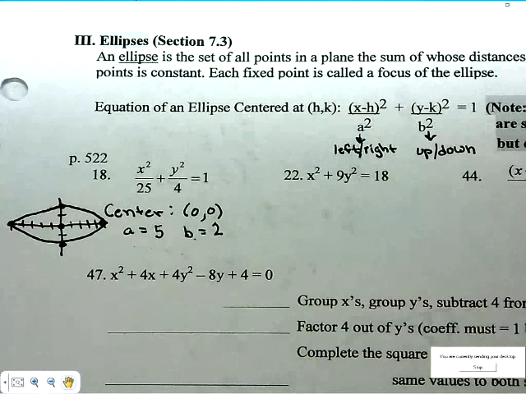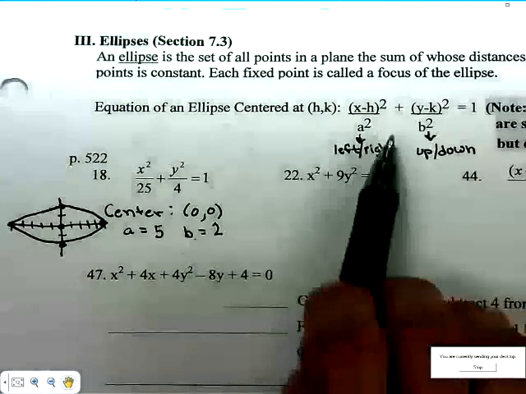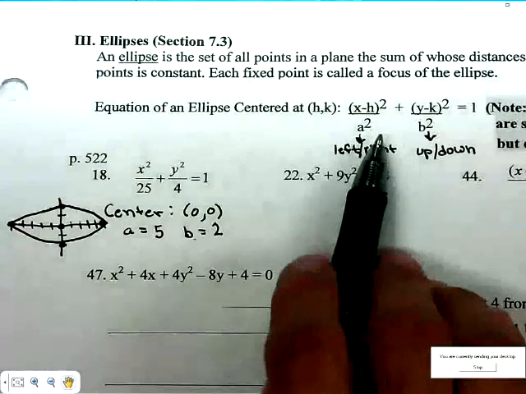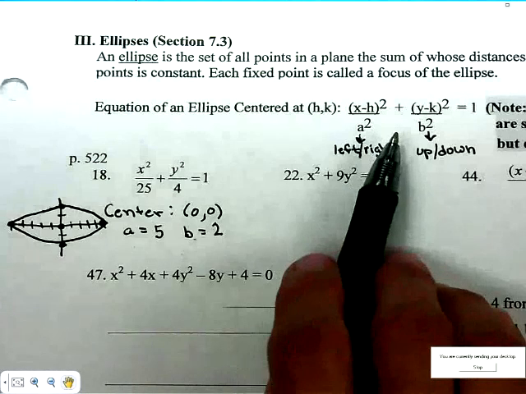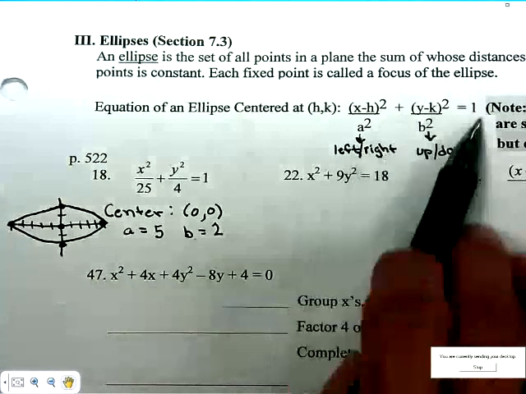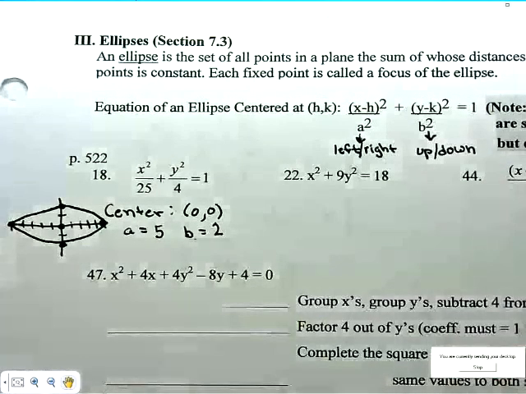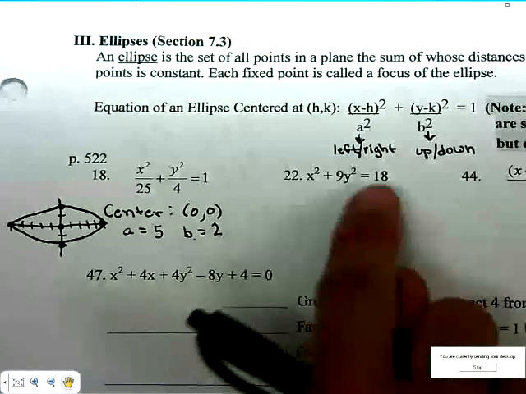I don't want to do that, though. This form is the form that you need an ellipse in order to be able to see the center, the a and the b. And in order to see that, you have to work until you get a 1 on the right-hand side.